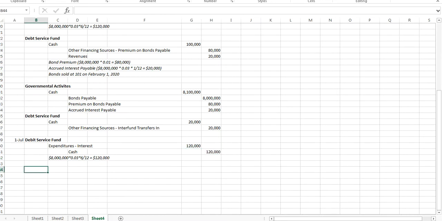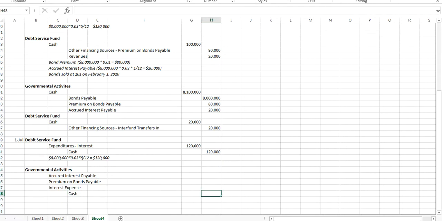And then in our governmental activities, we have a journal entry of accrued interest payable, premium on bonds payable because we are amortizing that premium, interest expense, and then we have cash.